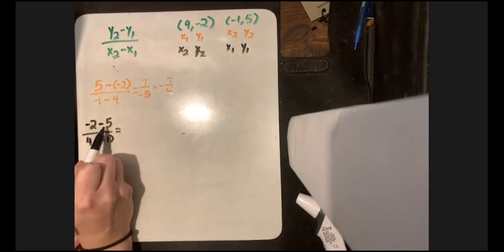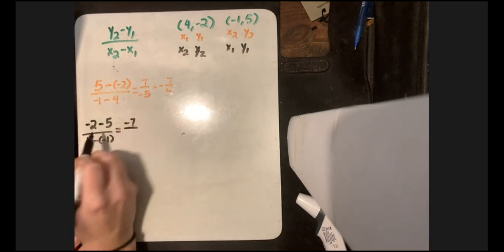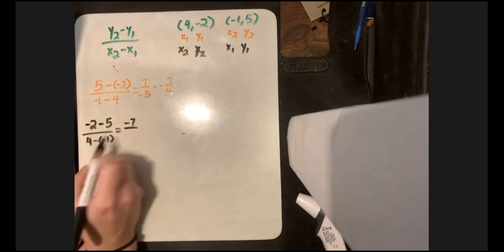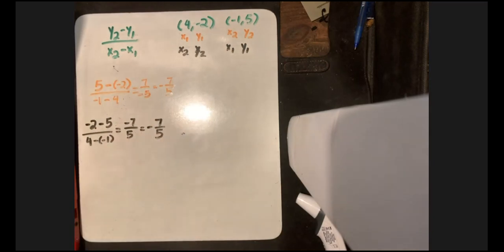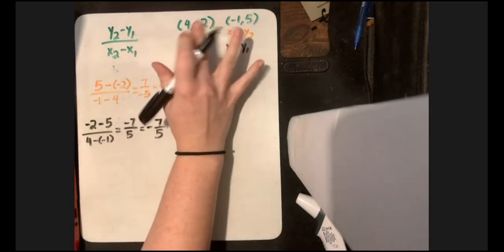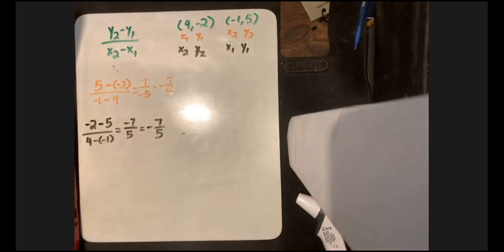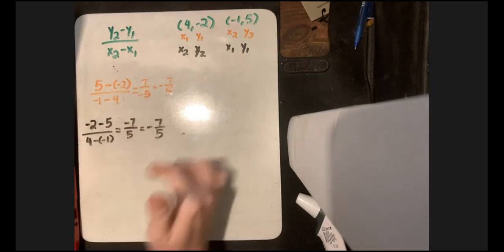We're going to get -2 minus 5 is -7. 4 minus negative is going to be plus. Again, we still get -7/5. So either order that you want to put those in is fine. That is your preference, but you will get the same slope.